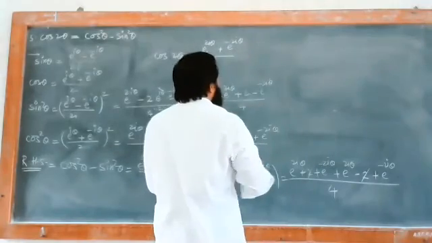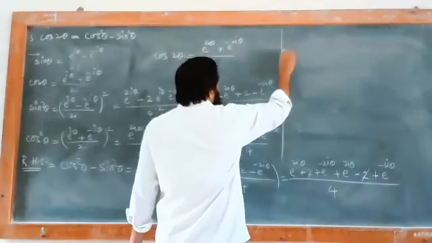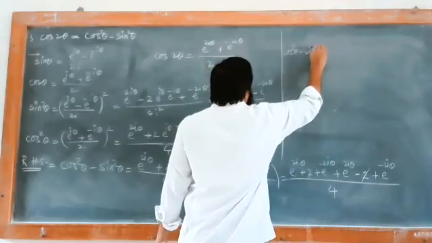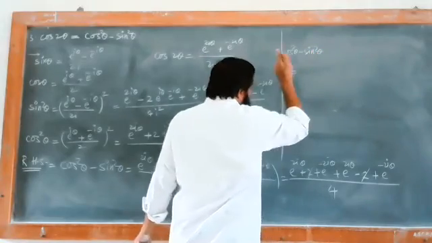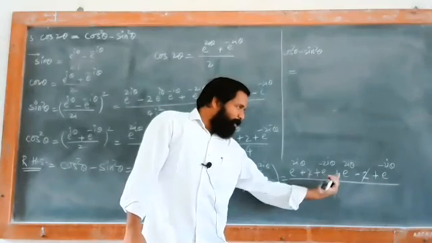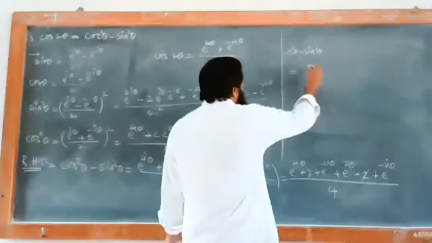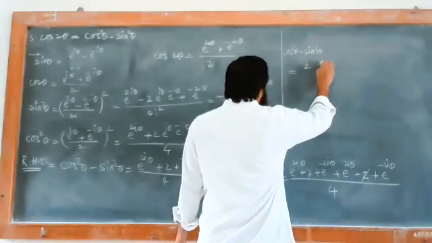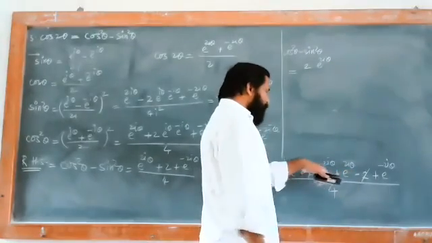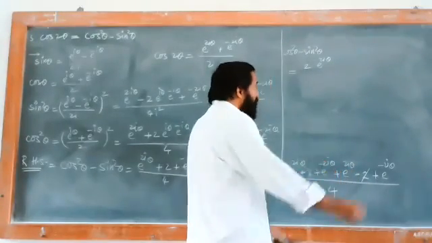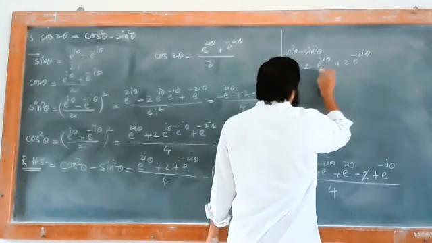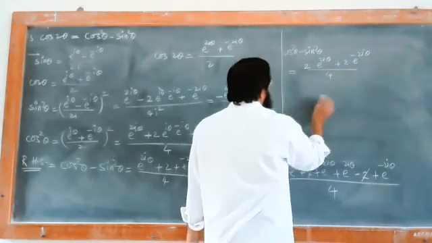that the value of this RHS, that is cos square theta minus sin square theta, is equal to what remains: e raised to twice i theta plus e raised to twice i theta, that is 2 times, there are two terms of e raised to twice i theta. Look at the second term, minus plus cancels out, and now we have 2 times e raised to minus twice i theta, and that is divided by 4. So what is this?